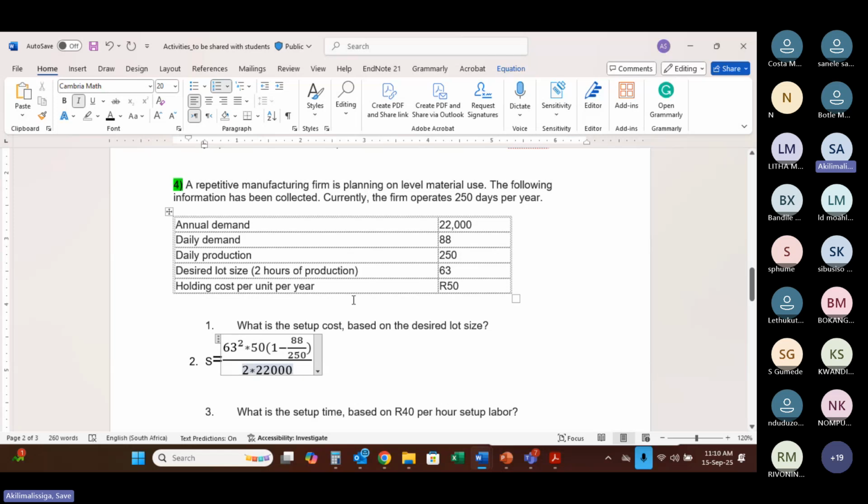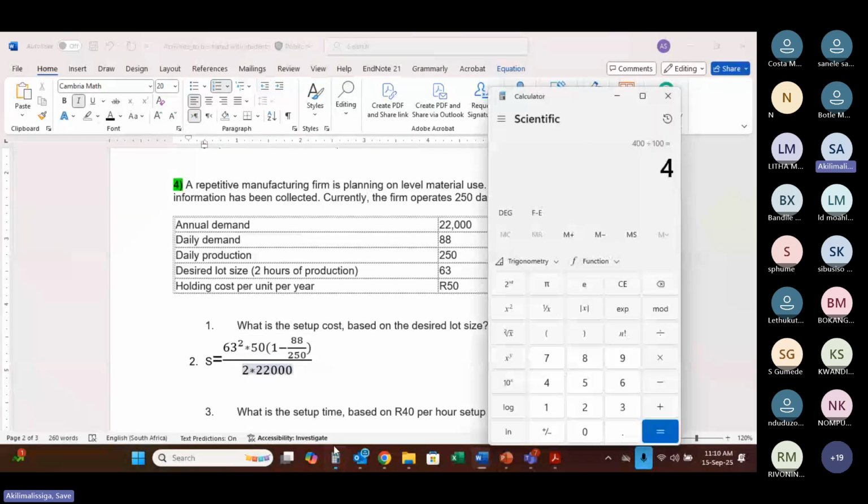So this is going to be 1 minus between brackets 88 divided by 250, times 50, times 63 times 63.